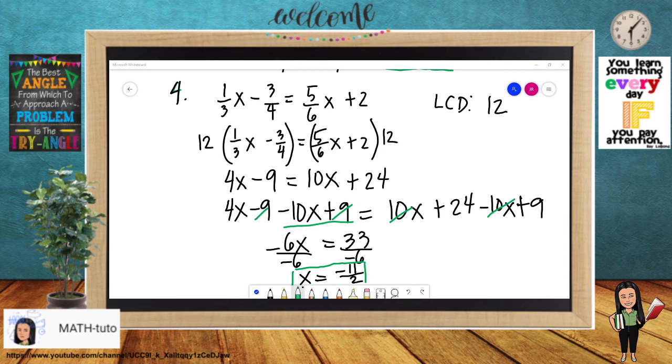Kagaya niyan, pwedeng mag-add na kayo ng 3/4 to both sides of the equation in this example. And subtract 5/6x to both sides para ma-isolate na yung x at makakombine na lahat ng constant. Pwede naman yun. This method is only used for all the numbers to be whole numbers, which would make it easier for you to solve.